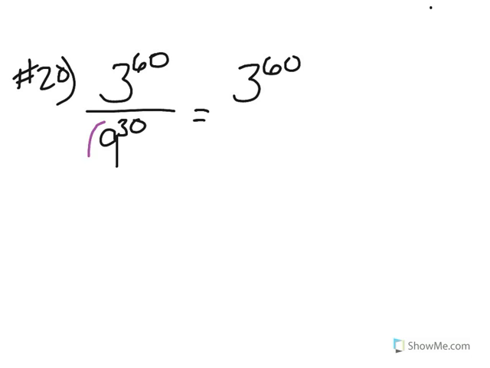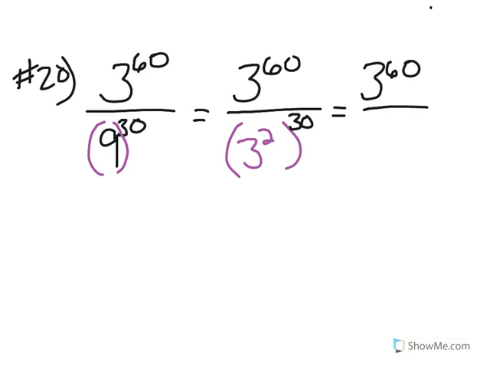Let's focus on the 9. Let's say it's 9 to the 30th. How could you write 9 so that it had the same base as a 3? Well, it's 3 squared, of course. 9 is the same as 3 squared. 30 doesn't change. Now we have 3 to the 60th divided by 3 squared to the 30th.